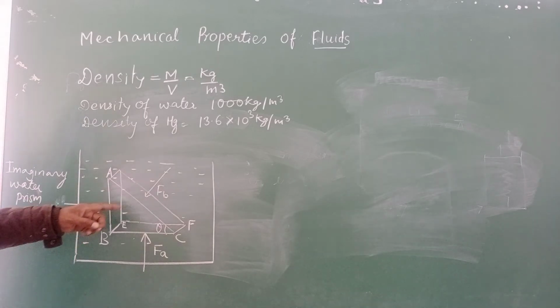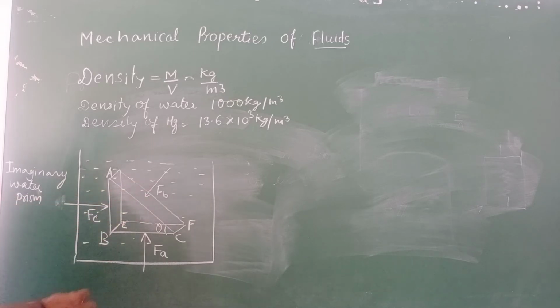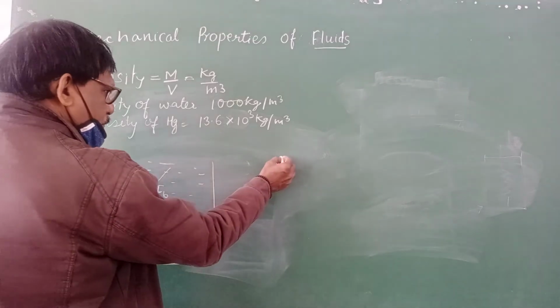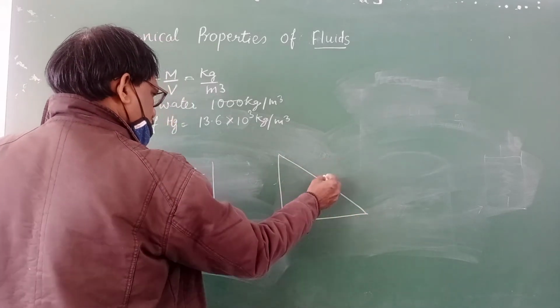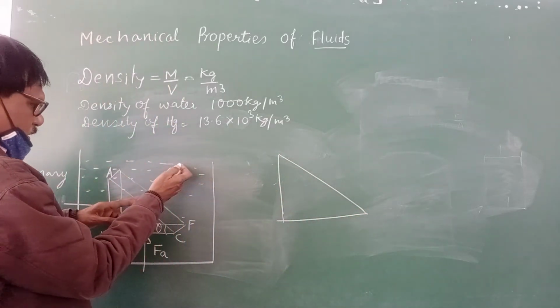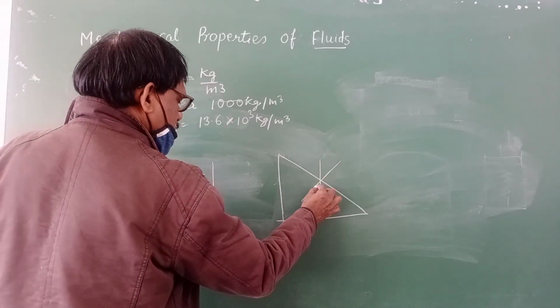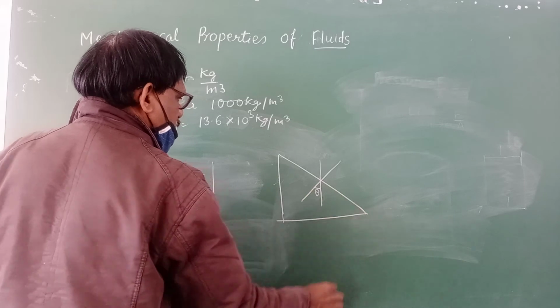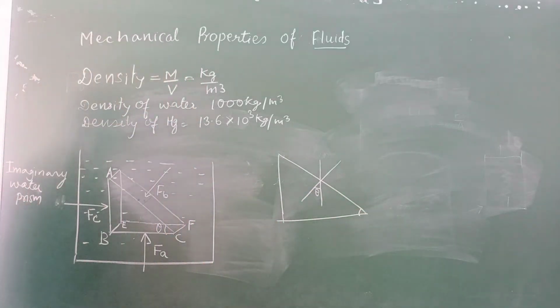Now see, we can find the pressure and the component of force. This angle is theta, the triangle is like this. When this angle is theta, we can say that this angle is also theta.